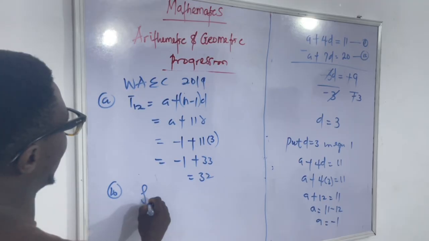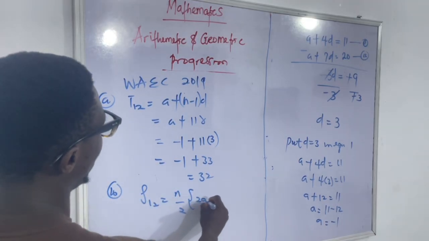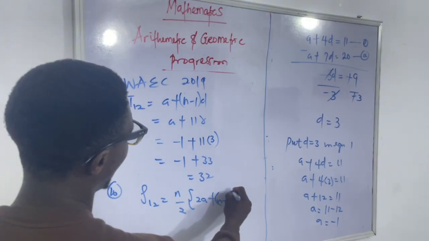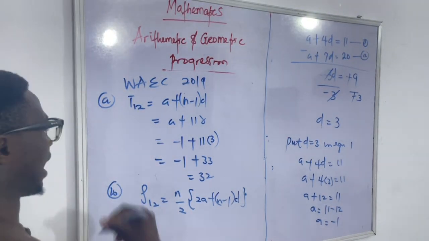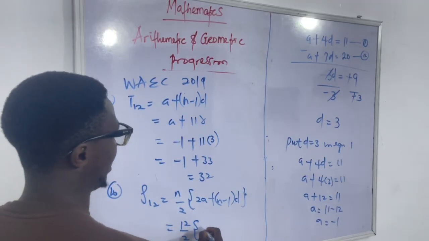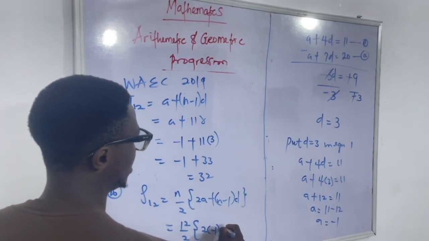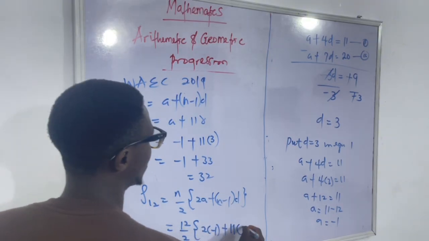B, let's find the sum of the first 12 terms. n over 2, (2a plus (n minus 1)d). Are we together? Where our n is 12, our a is minus 1, so 12 minus 1 is 11, and D is 3.